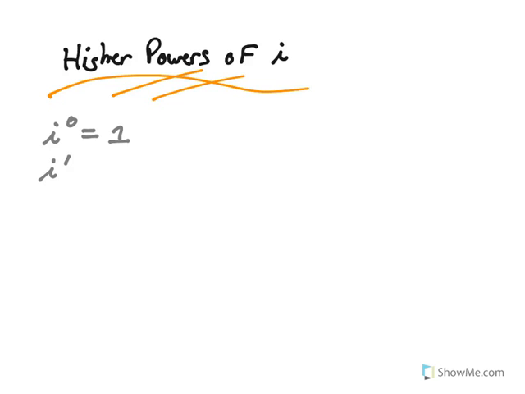If you have i to the first power, that's just i. If you have i to the second power, then that's just going to be a minus 1. If you have i to the third power, then that's just going to give me a minus i. And then if you have i to the fourth, you're going to get 1.